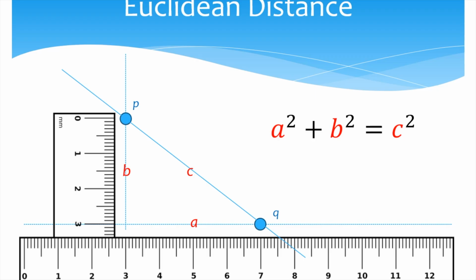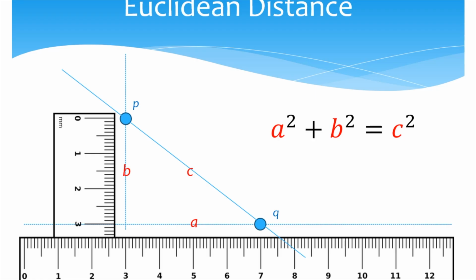For example, in x direction, the distance A between P and Q is 7 minus 3, which equals 4. In y direction, the distance B between P and Q is 3 minus 0, which equals 3.